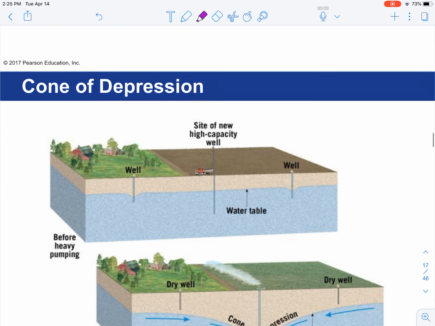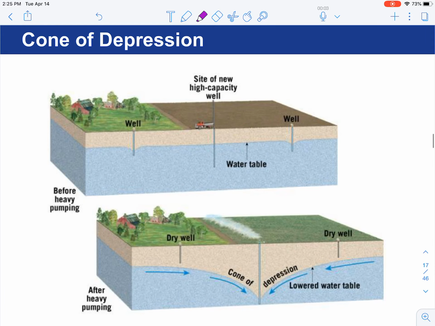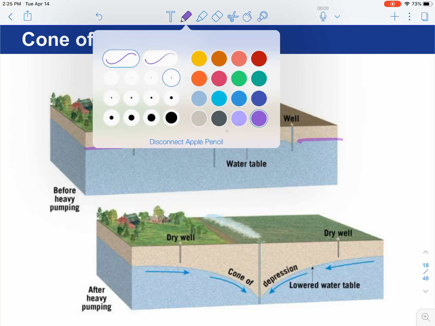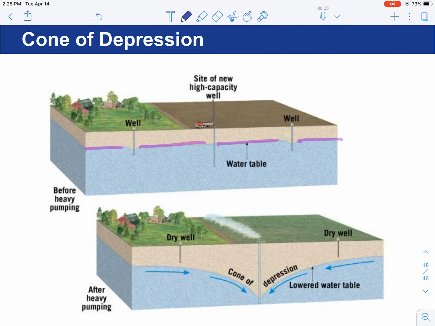And what happens through that extraction is we see a lowering of the water table, right? So the water table, again, is just the boundary between the zone of saturation and the unsaturated zone above it. We drill wells, and by we, I mean hydrologists will drill wells into that zone of saturation. And what they'll do is they'll pump water up and out of those wells.